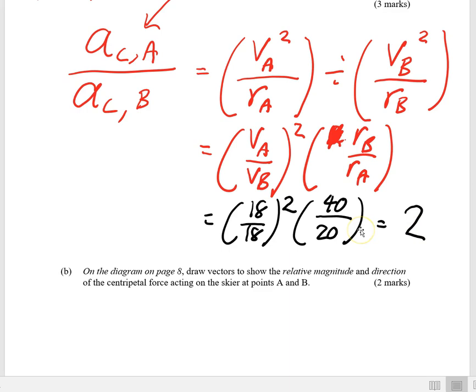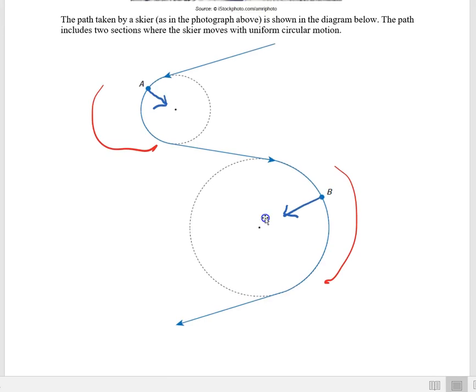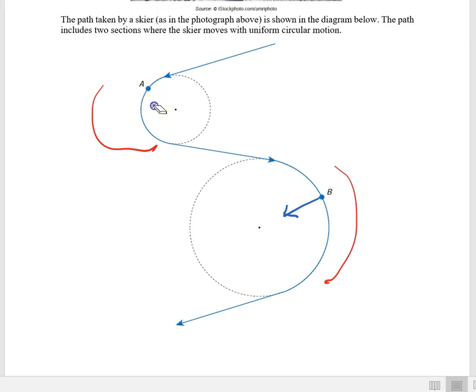So if you want to draw this arrow, make sure the arrow for A is longer than B by exactly twice. So I go back to that question. When I'm drawing this, actually I'm wrong because I'm drawing B longer than A, which is not true. So I'm going to modify this because I know it's not correct. Let me erase it.